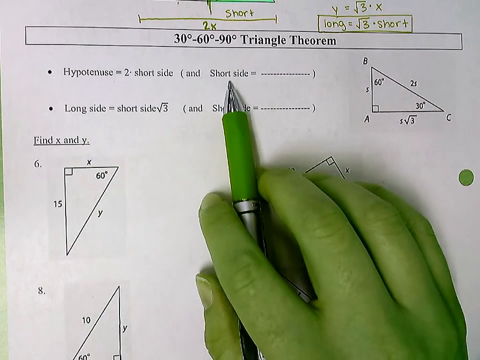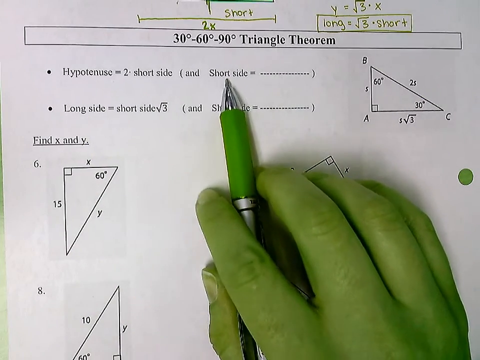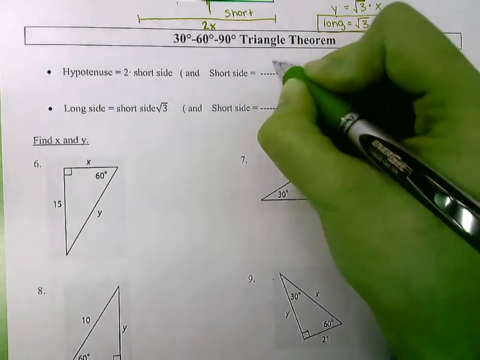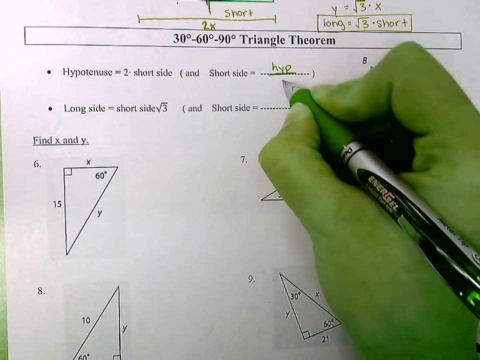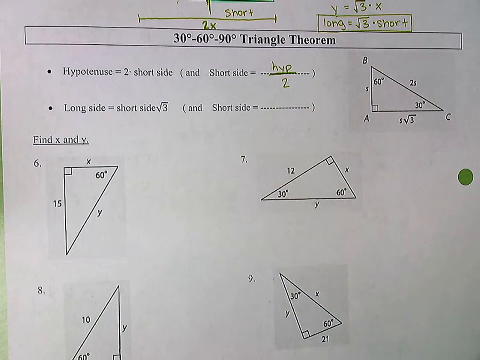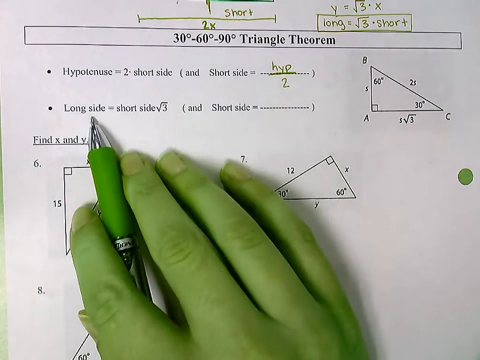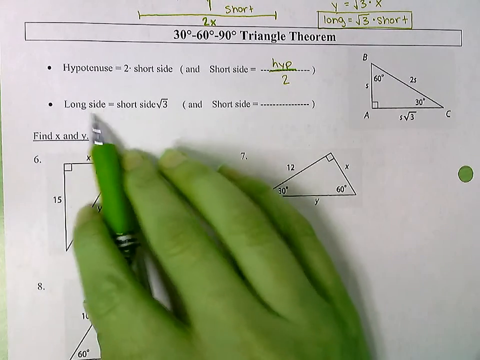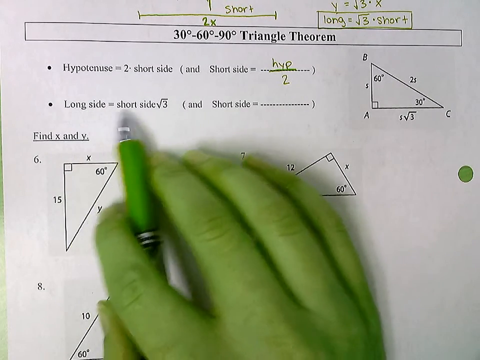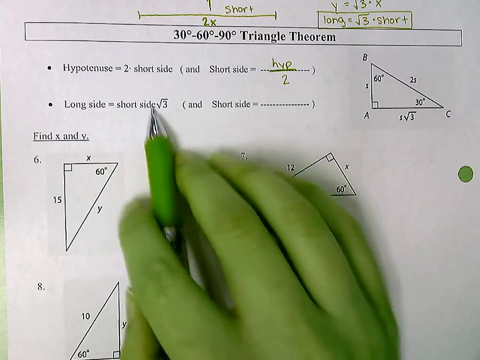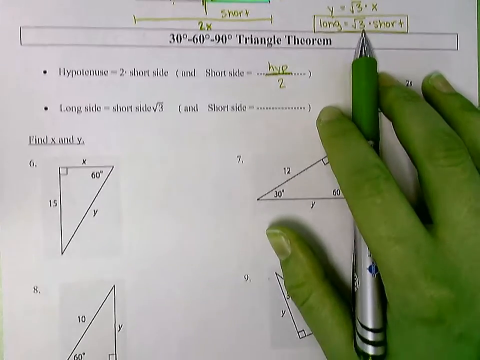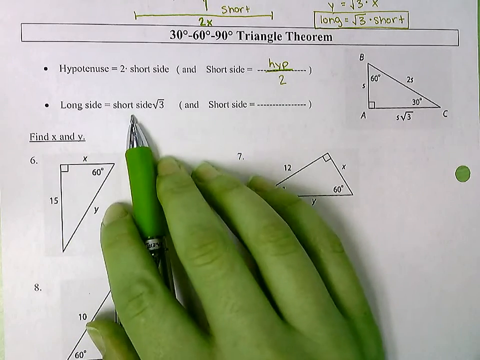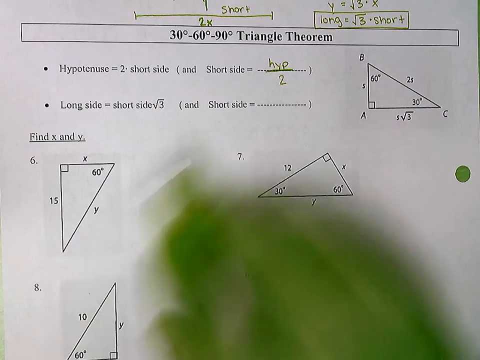If you're looking for the short side, you could also take the hypotenuse and divide it by 2. My other equation here, if I'm looking for the long side, that's equal to the short side times the square root of 3. That's what we found right here.